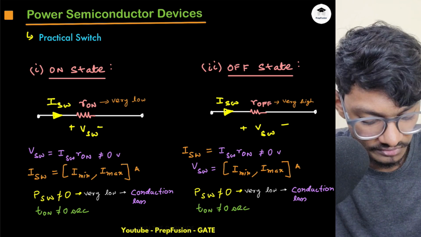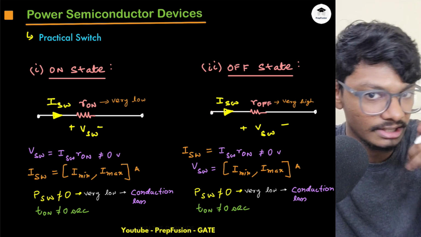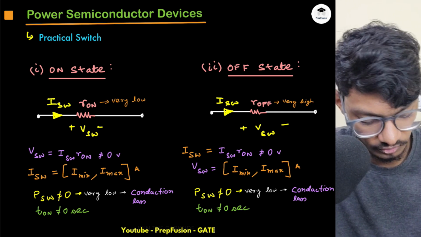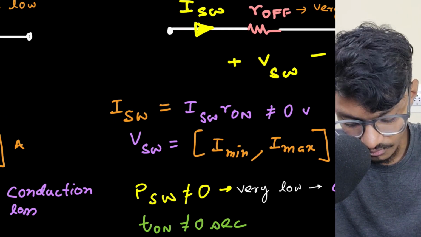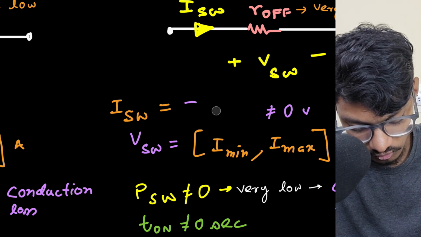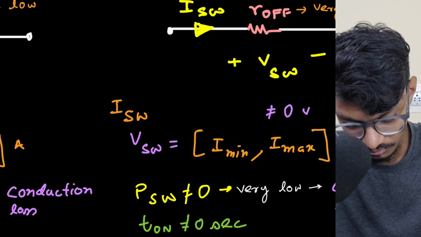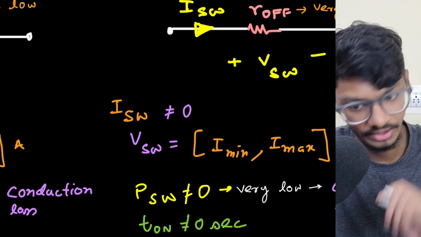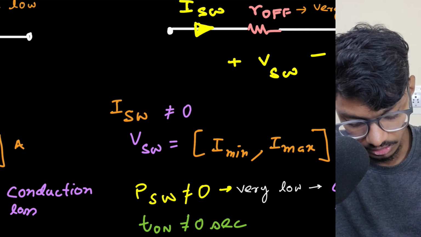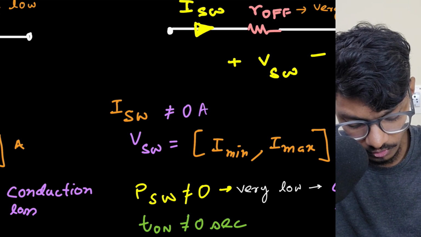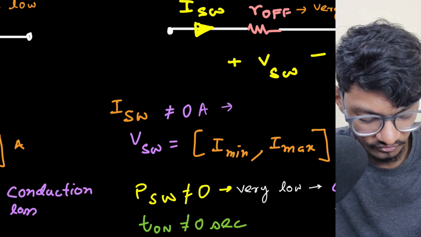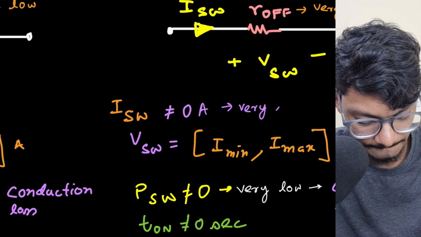So obviously some leakage current will flow, and due to that my current won't be 0 amps. There will be some finite current flowing through the switch, which is very low. I do agree, very low, but still some finite current is flowing.